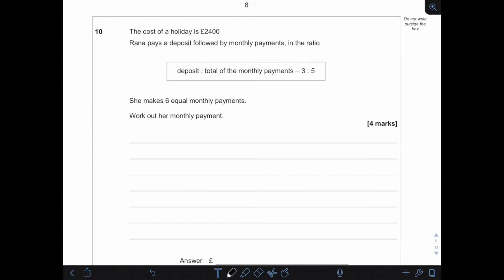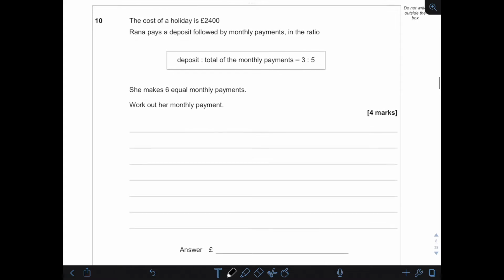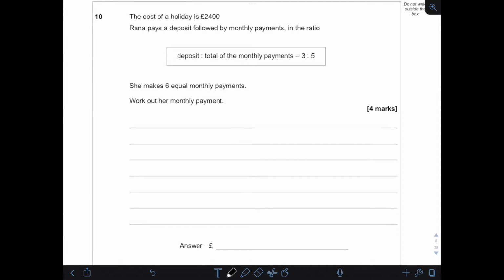Question 10. The cost of a holiday is 2.4k. Rana pays a deposit followed by monthly payments in the ratio of 3 to 5, and she makes 6 equal monthly payments.